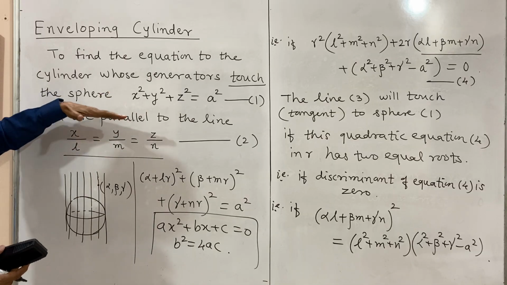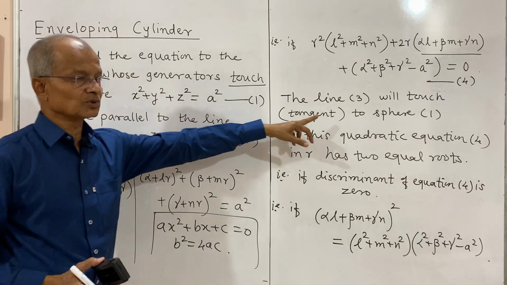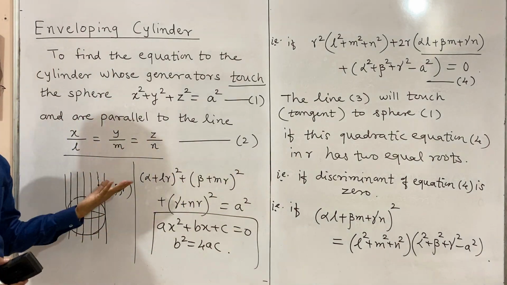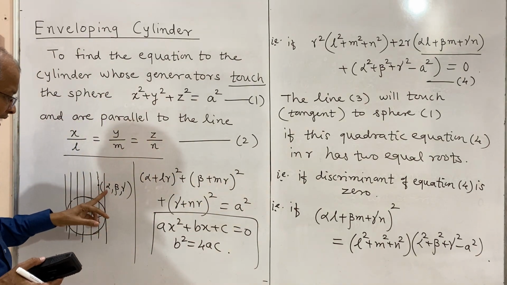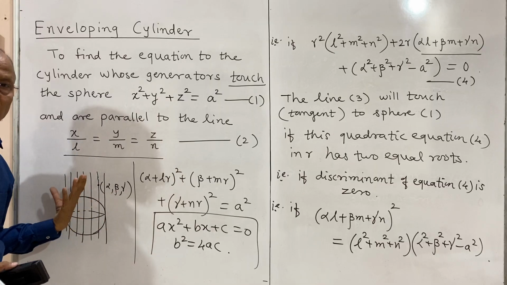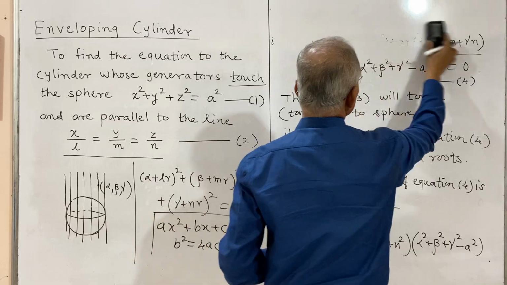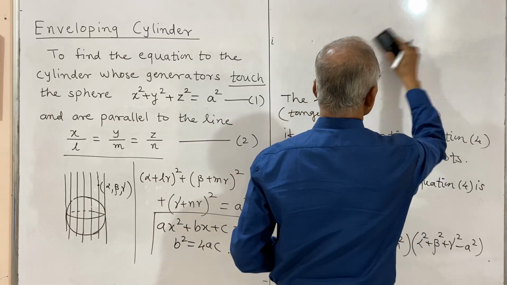So this is the condition that the line 3 will touch sphere 1. That means this is the condition that the point alpha, beta, gamma lies on the enveloping cylinder, and we have to write the locus of this point alpha, beta, gamma.